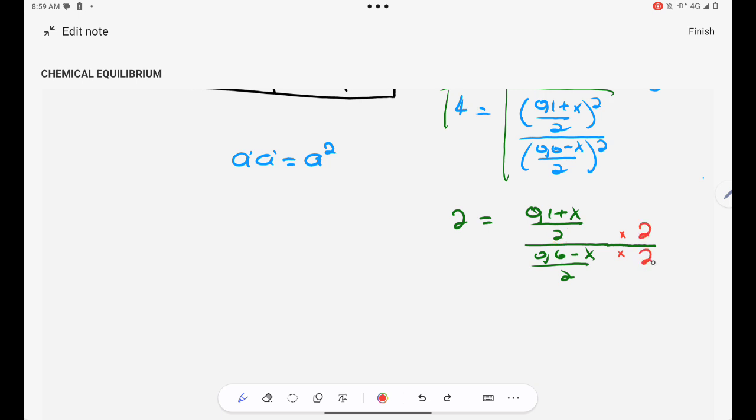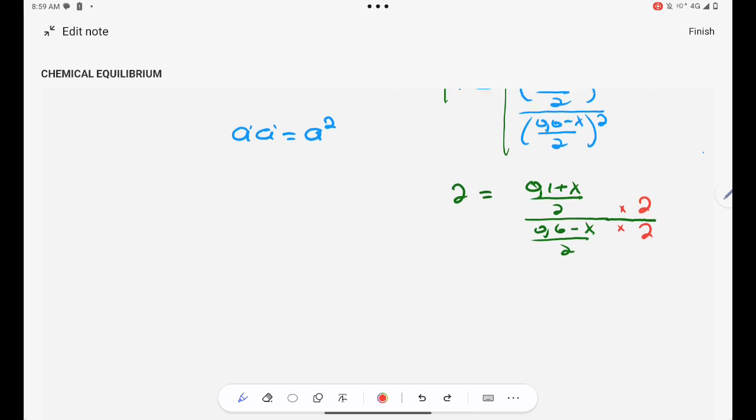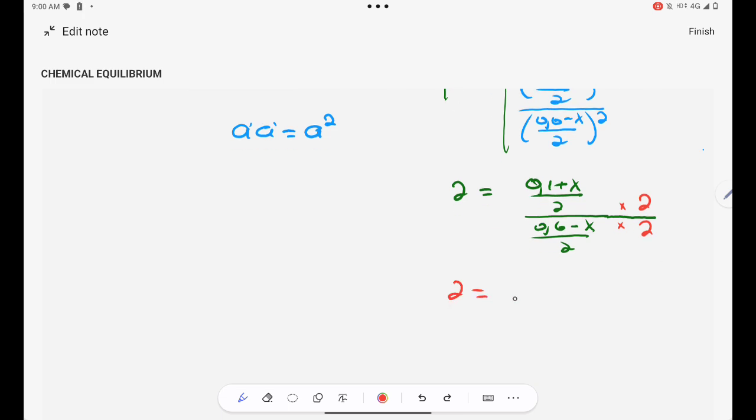So I'll just multiply the top and bottom by 2. By just doing this, I'm not changing anything. 2 over 2 is equal to 1. Okay, and then I'll still have 2 on the left hand side. Then this term over here multiplied by the 2, the 2's will just cancel one another. I'll be left with (0.1 plus x) all over (0.6 minus x), because these 2 will cancel with that 2.